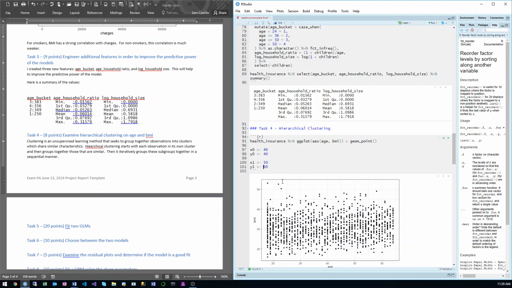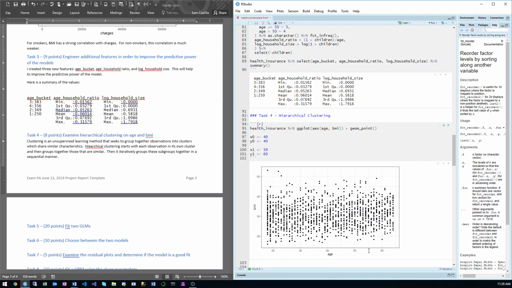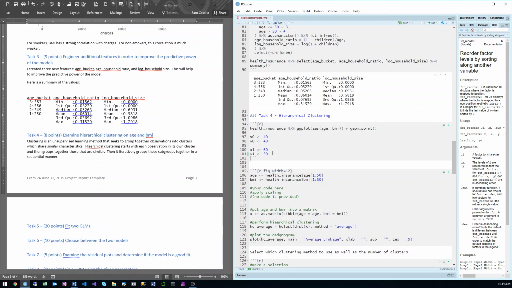Now let's say this x1 is actually 60. Y1 is about 50. And how do you get the distance between these 2 points?